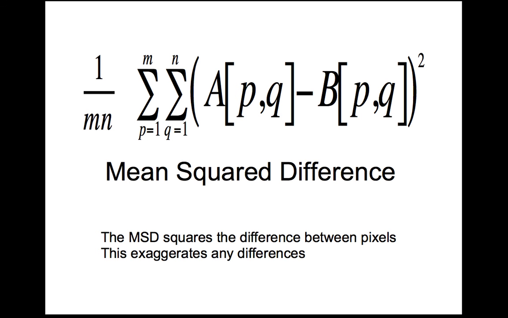Squaring things, any kind of multiplication, for the computer scientists among you, is obviously much more work than an addition and a subtraction. So multiplication squaring is a costly operation. But generally it's considered a better metric.